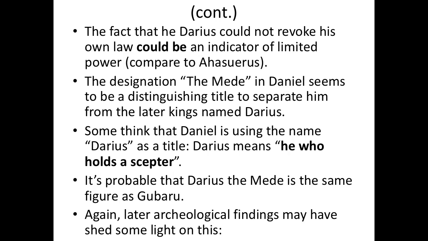I think it's most likely that Darius the Mede is the same figure as this guy in history called Gubaru. Again, later archaeological findings may have shed some light on this.